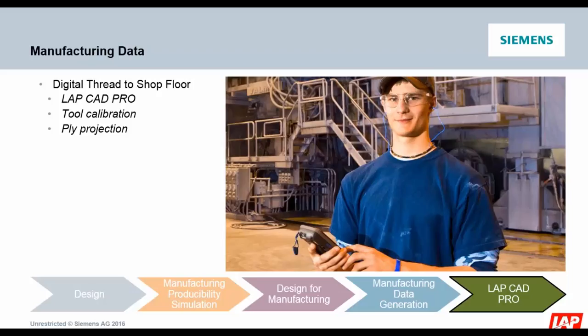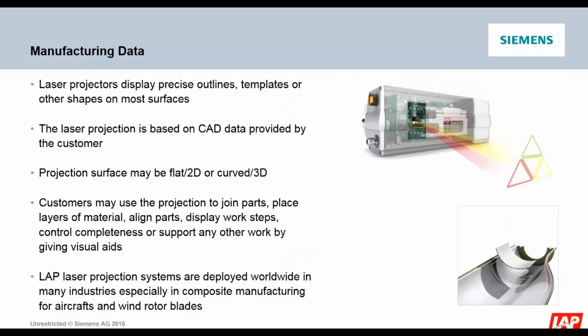It tells the user where they're supposed to start the layup process, and what that process is supposed to be in order to go from a flat pattern to that boundary on the mold itself. So that's the short version of the role that FiberSim plays in laser projection.